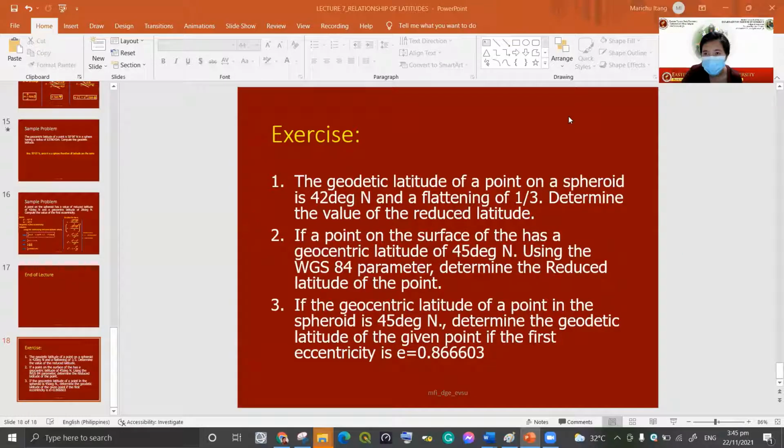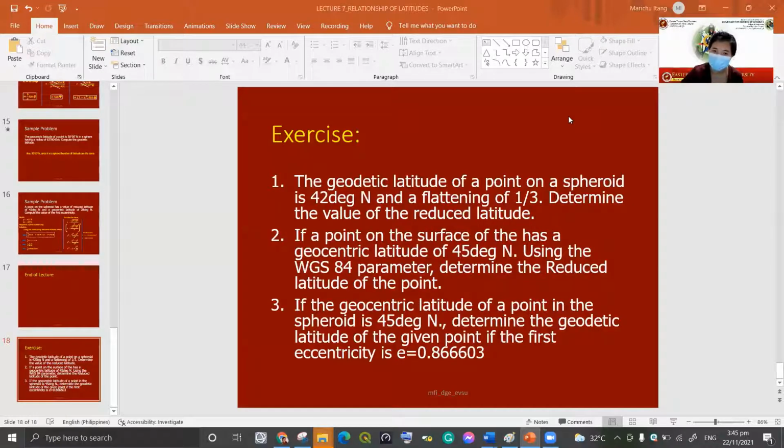So let's have another example for number 2. If a point on the surface of the Earth has a geocentric latitude of 45 degrees north, using the WGS84 parameters, compute the corresponding reduced latitude of the point.